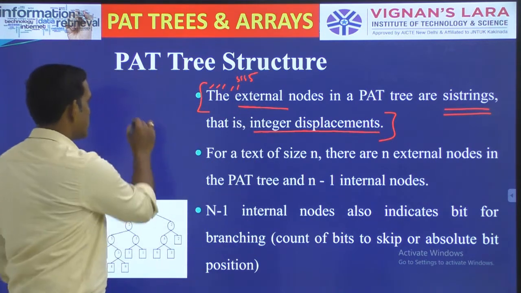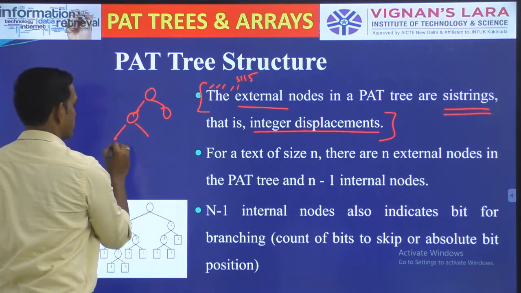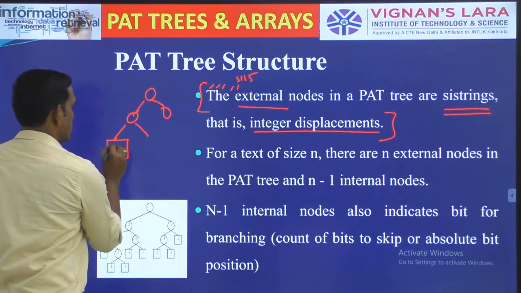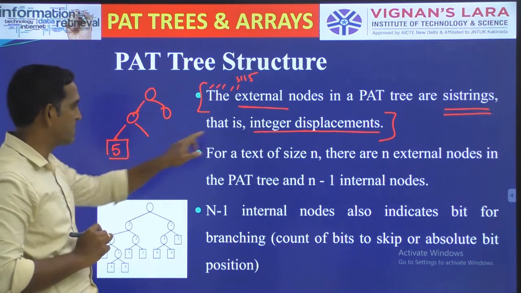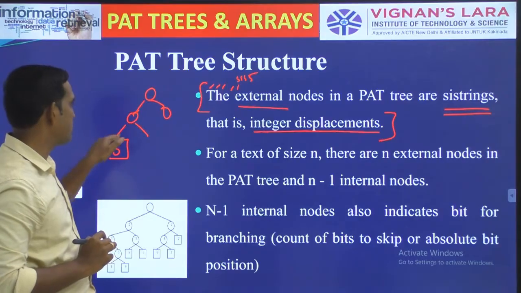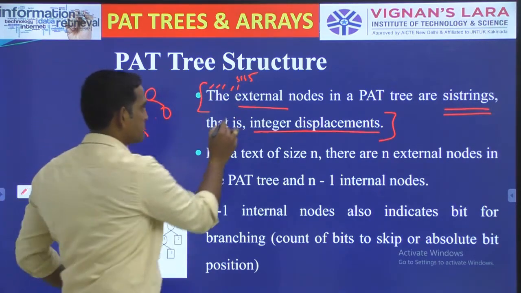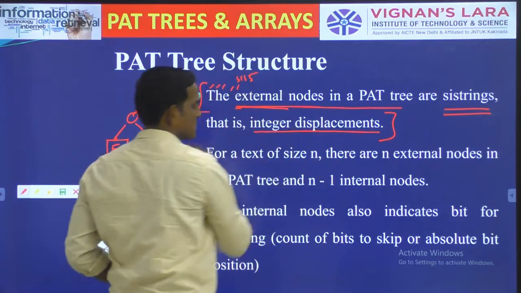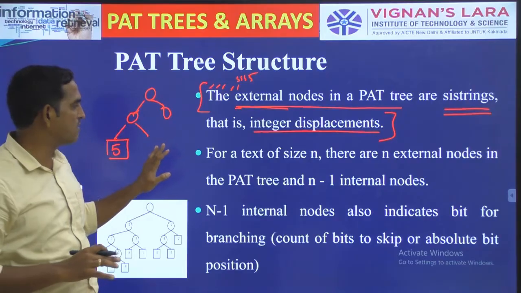Your outer node will contain an integer displacement value 5. So 5 means when I follow this particular route, I will get the position of this string which starts with E. That is how your Patricia tree will be present.